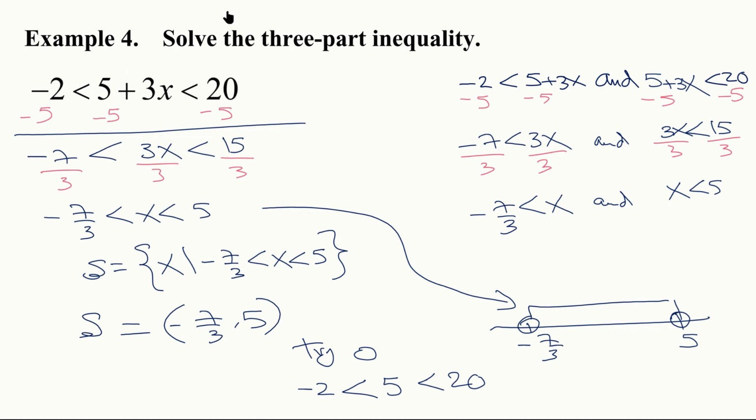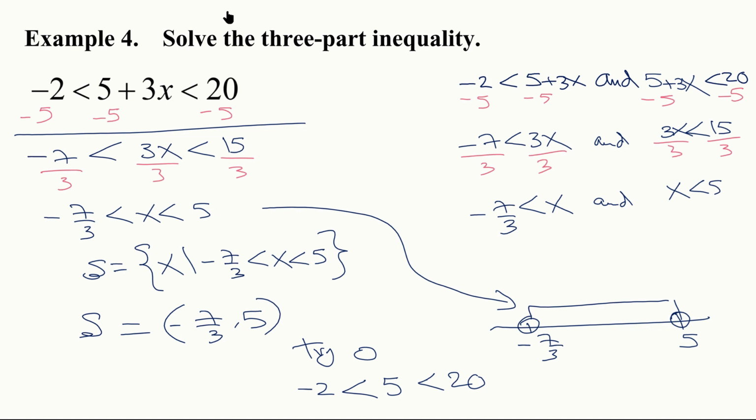Notice that equations usually have either one solution, no solution, or infinitely many solutions. Remember that? Equations that have only one solution, we call conditionals. Equations that have no solution, we call contradictions.